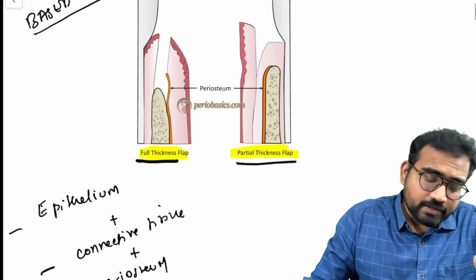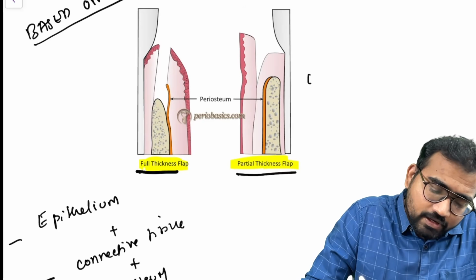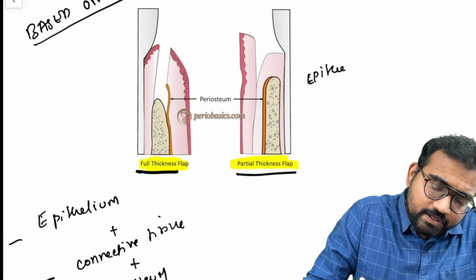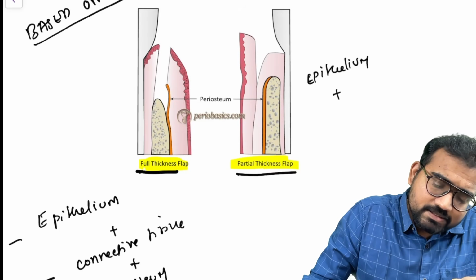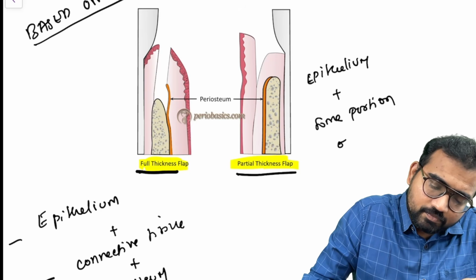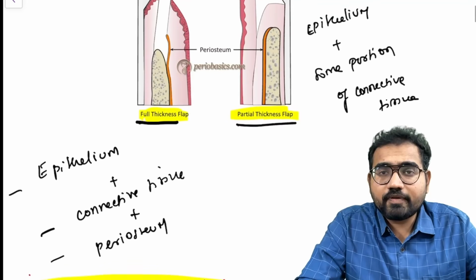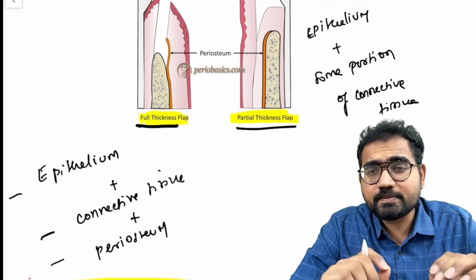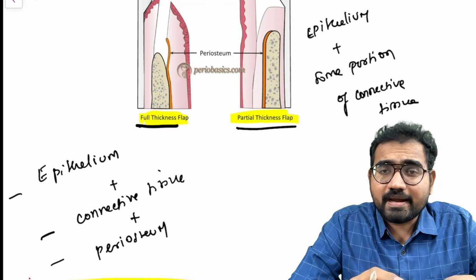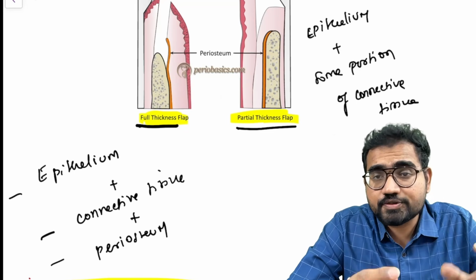Next is the partial thickness flap. A partial thickness flap is if I elevate the epithelium plus some portion of connective tissue, and I leave the remaining connective tissue and the periosteum attached to the bone itself.